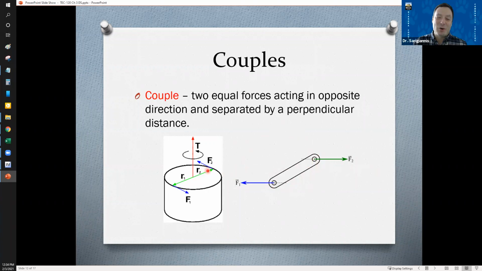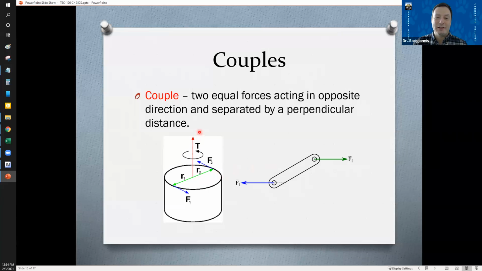And they're separated by a perpendicular distance, right? So you have this force 1 and force 2 acting in opposite directions, separated by this perpendicular distance, the sum of these two radii, and they're generating a torque. This is kind of where the sign convention comes from.